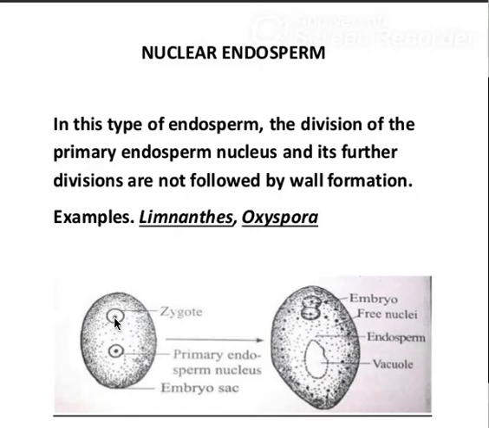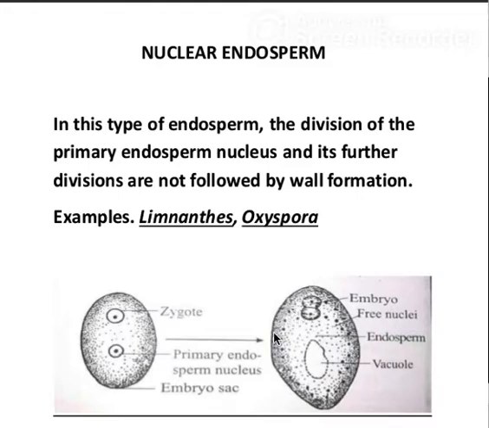As the zygote starts to divide to form the embryo, what happens to the endosperm? The PEN slowly starts to divide. But in nuclear endosperm, there is only division of the nucleus. Inside, there is a nucleus, and the nucleus starts to divide.